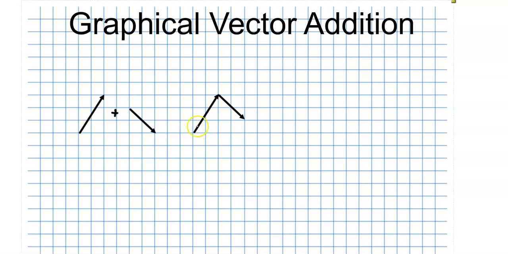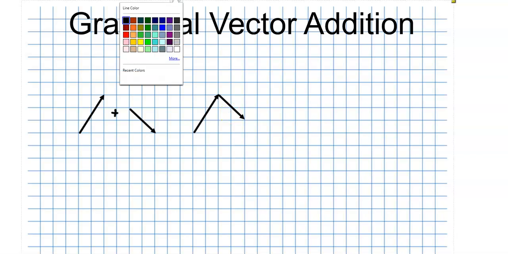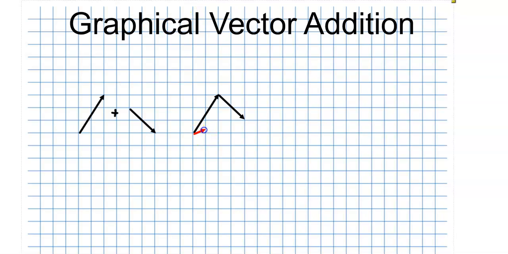So you put one vector. It doesn't really matter what order you do these in, but you have a starting point, and then the arrowhead of one vector touches the tail of the next vector as you go. So you add those up, and you can see that the resultant vector that comes from these would be this vector.